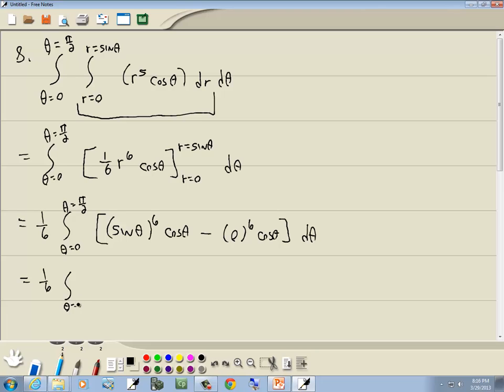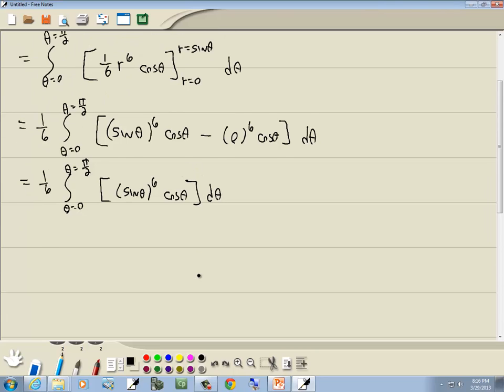So we got theta is equal to 0, theta is equal to pi over 2, and then we got sine theta to the 6th power, cosine theta. Now here we got 0 to the 6th, which is 0, times cosine is 0, and so that drops away, d theta.